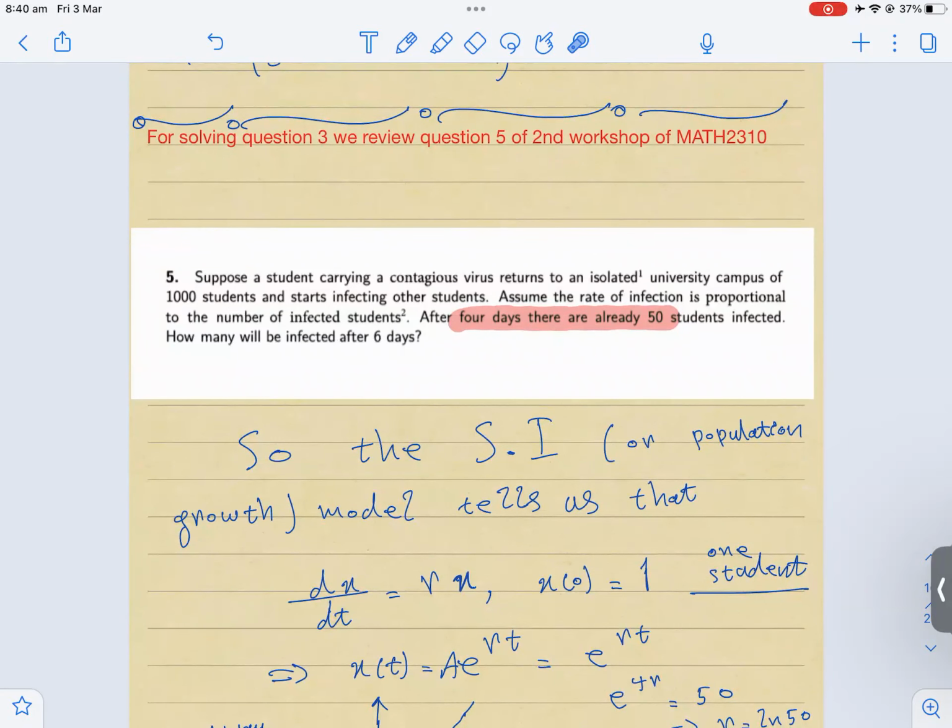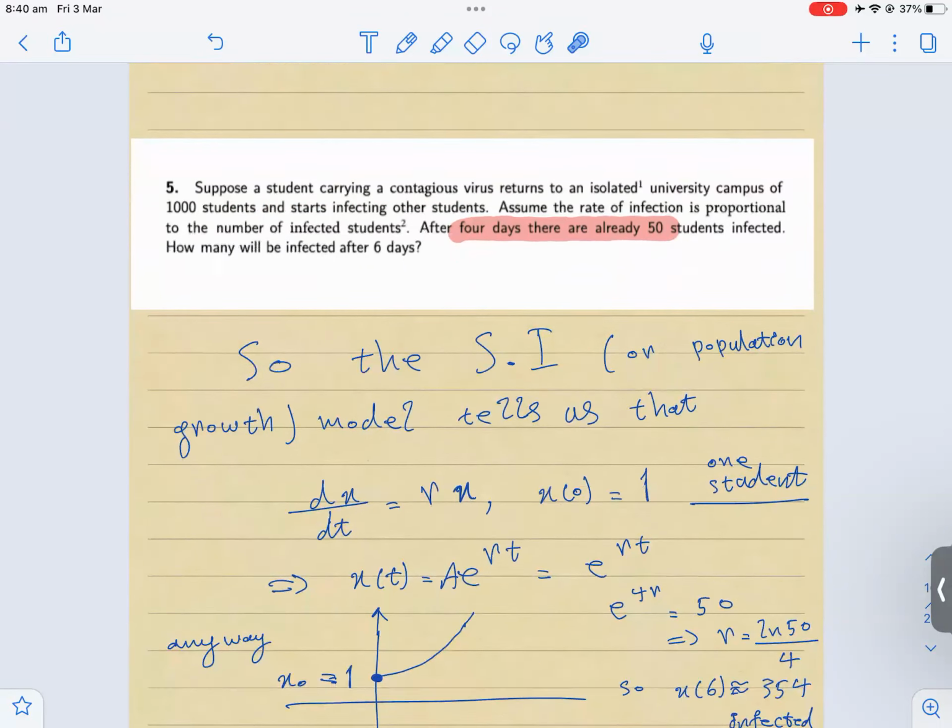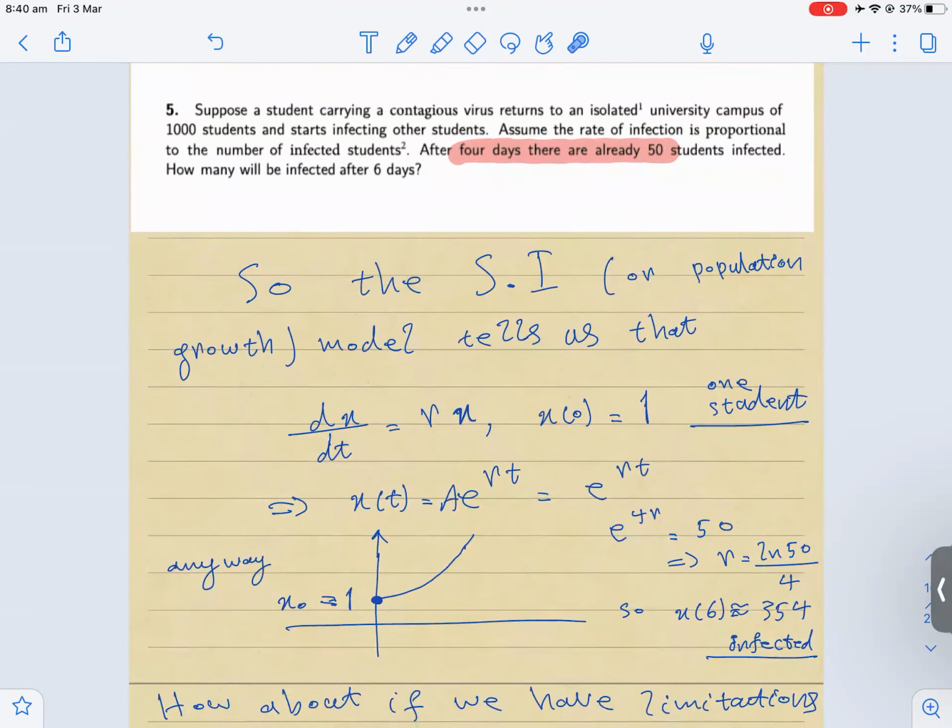Now, before going to question 3, from Math 2310, like week 4 or 5, you would see this question: suppose that a virus was on campus and a student was carrying that virus, among 1,000 students on campus.